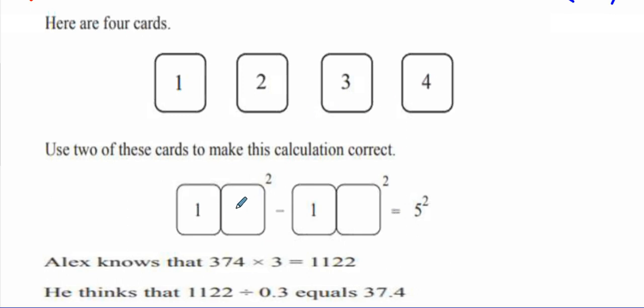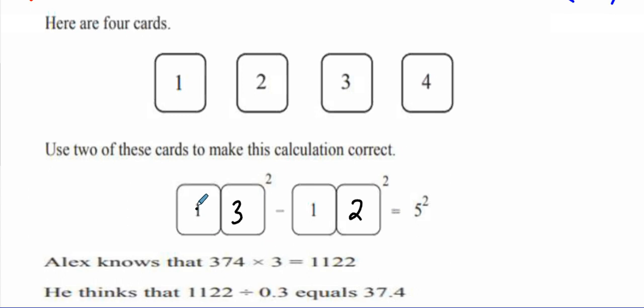Let us say we put 4 here, and the number becomes 14. Let us put, no, let us start with this. Let's say put 3 there, and we put 2 over here. What do we get?